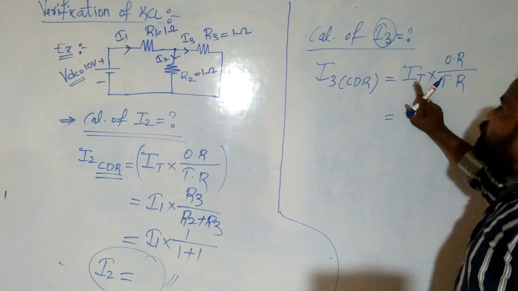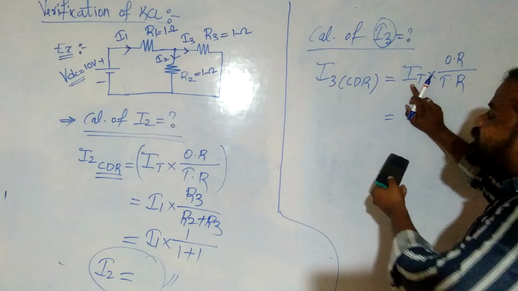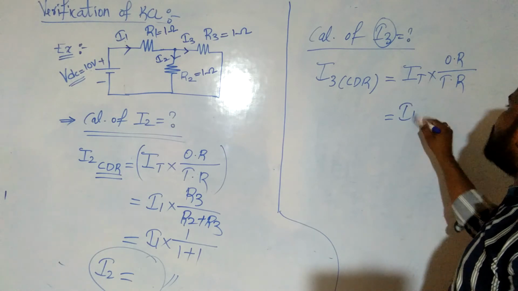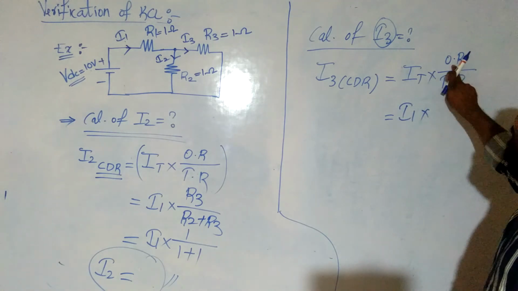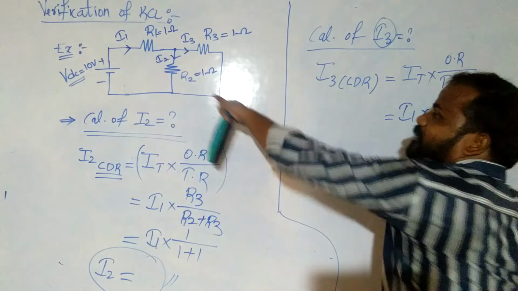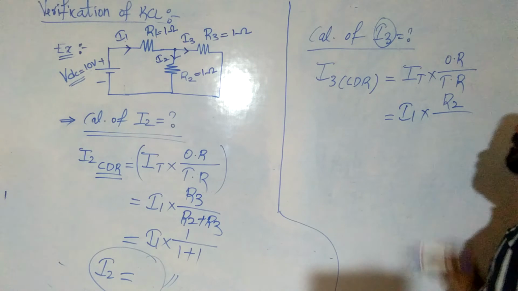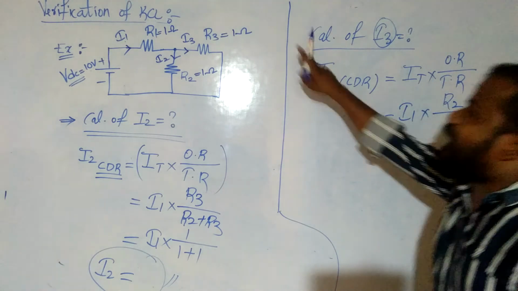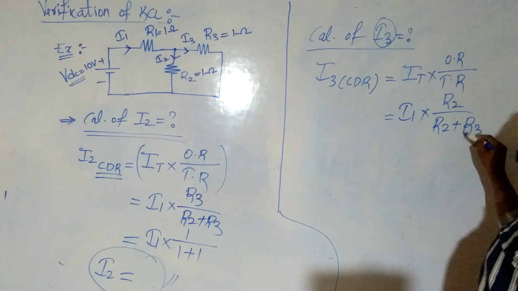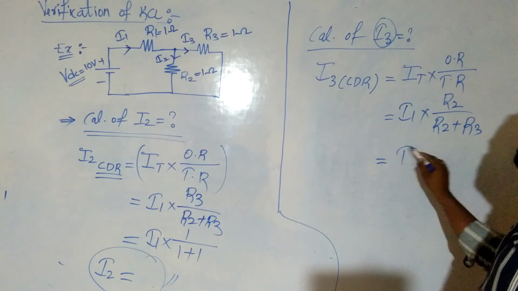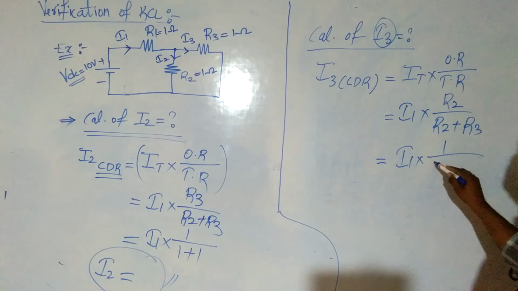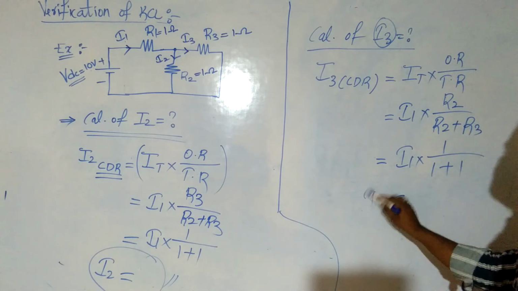We have calculated the value of I1, yes or no? 10 divided by 1.5 gives I1. I1 into opposite resistance: since we are calculating I3, the opposite resistance must be R2 only, divided by total resistance, the addition of R2 and R3. Clear? Now substitute the value of I1 here, and R2 is 1, divided by 1 plus 1.